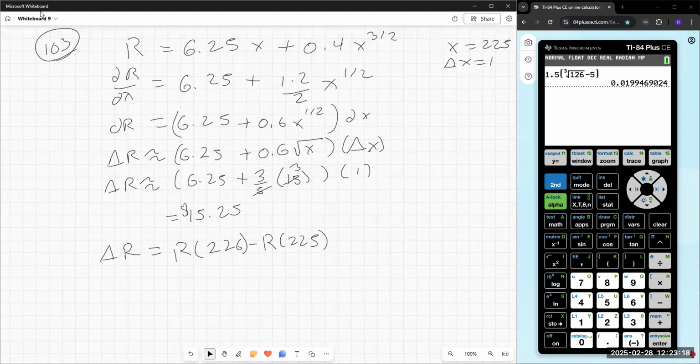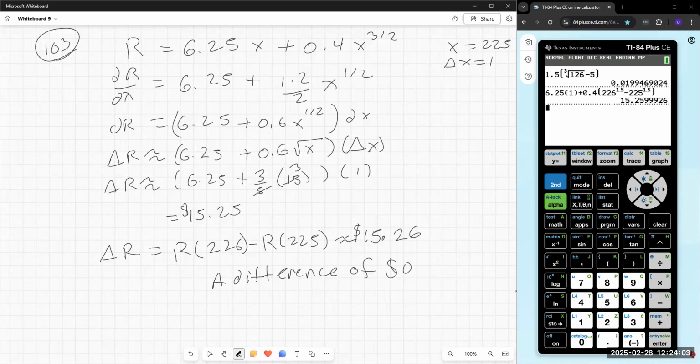So that is going to be 6.25 times 1 plus 0.4 times 226 to the 1.5 minus 225 to the 1.5, which will be about 15.26, a difference of 1 cent. Again, a very good estimate there.